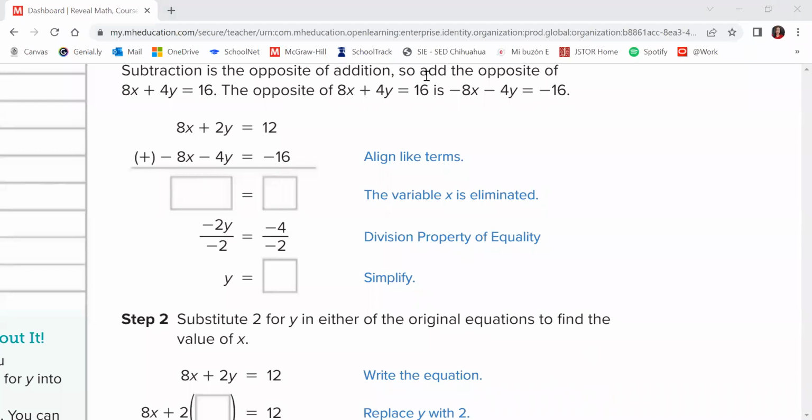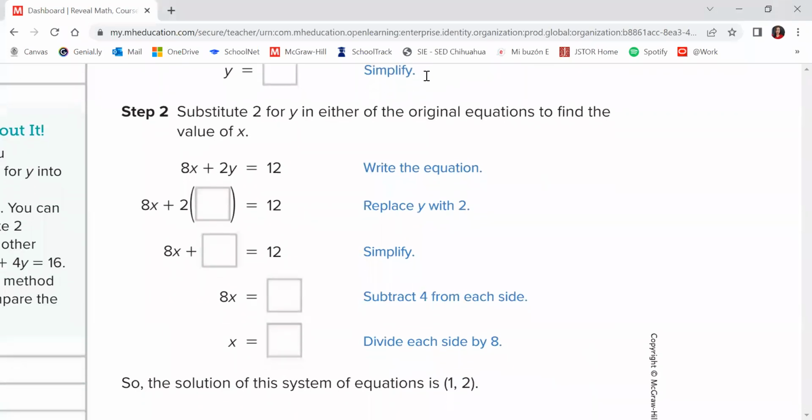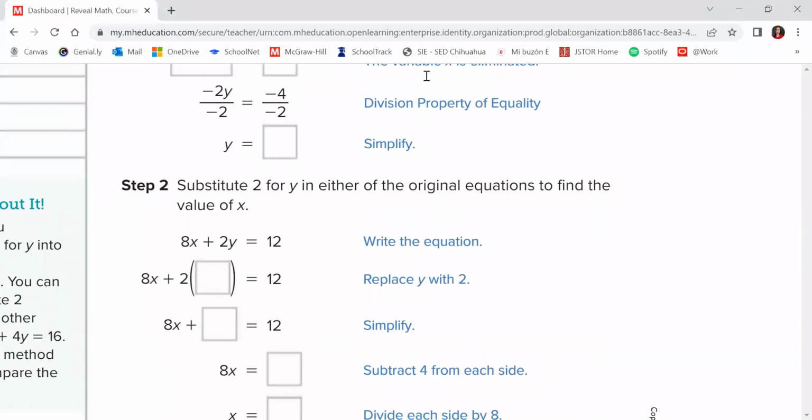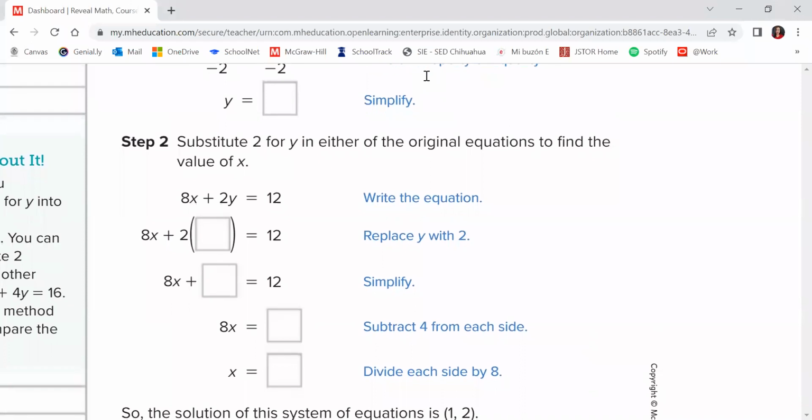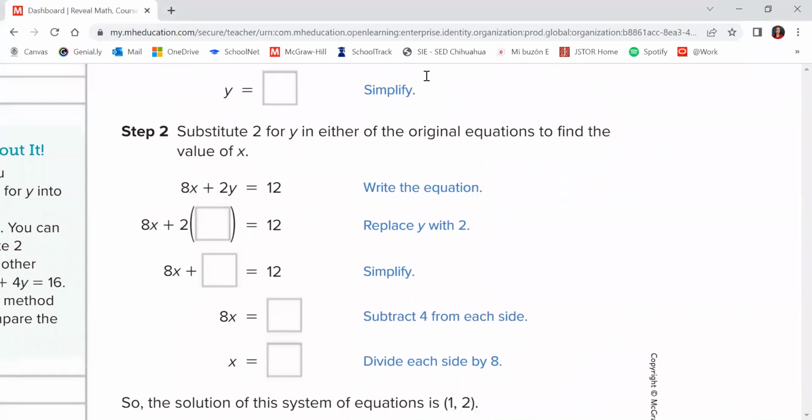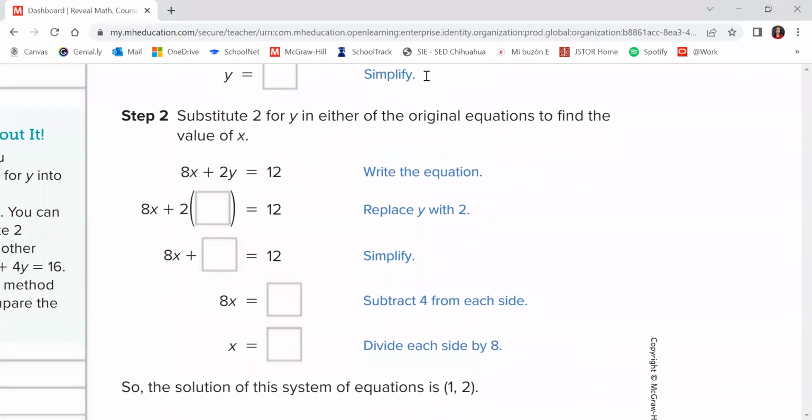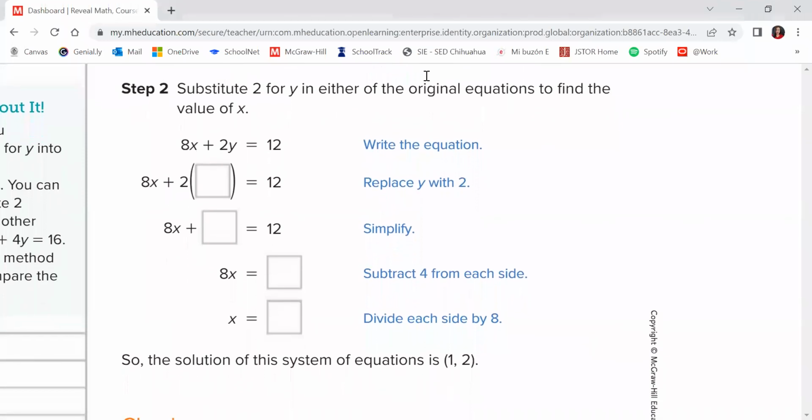Negative 2y divided by negative 2, we eliminate the 2, so we end up with y only. And negative 4 divided by negative 2 is 2. Now we know that y is equal to 2. What we have to do now is substitute that 2 for y in either of the original equations to find the value of x.